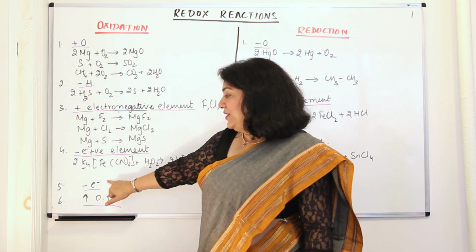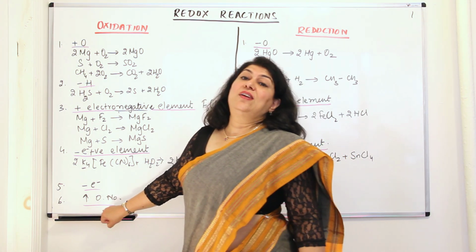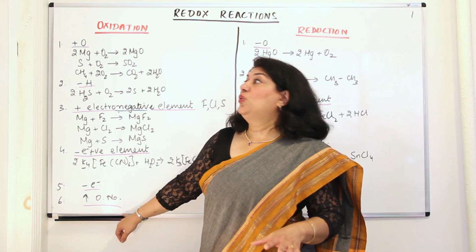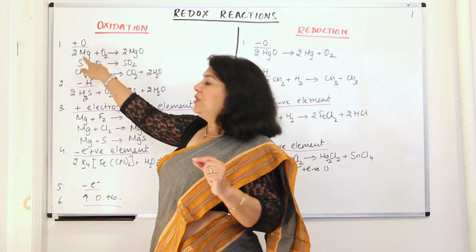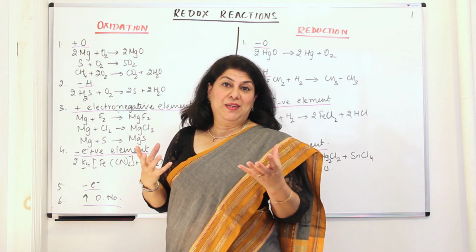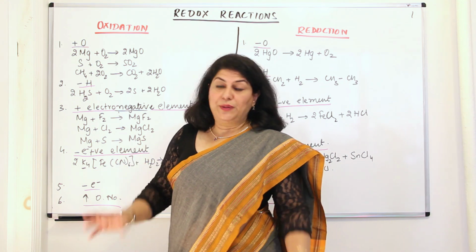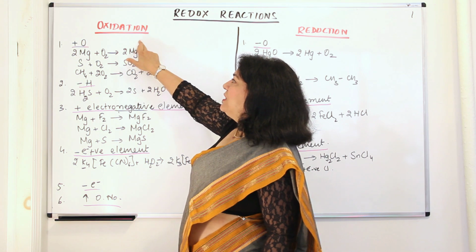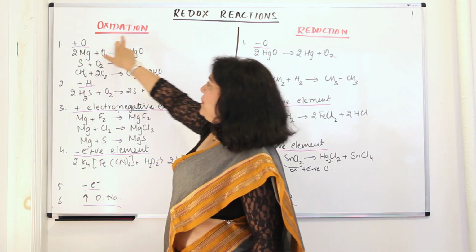This was the next definition, and then the last definition is that an increase in oxidation number of an atom would show that it is oxidized. When you have a neutral atom or a molecule, its oxidation number is 0. An oxidation number is the apparent charge. What is the charge on the atom? In magnesium oxide, I told you magnesium is 2 positive and oxygen is 2 negative. So magnesium from 0 charge becomes +2.